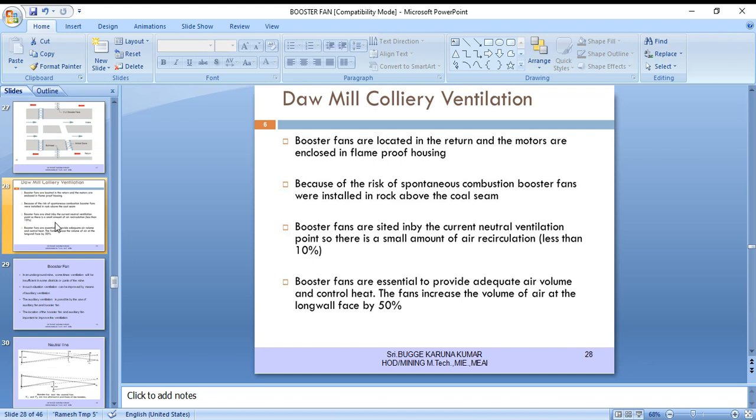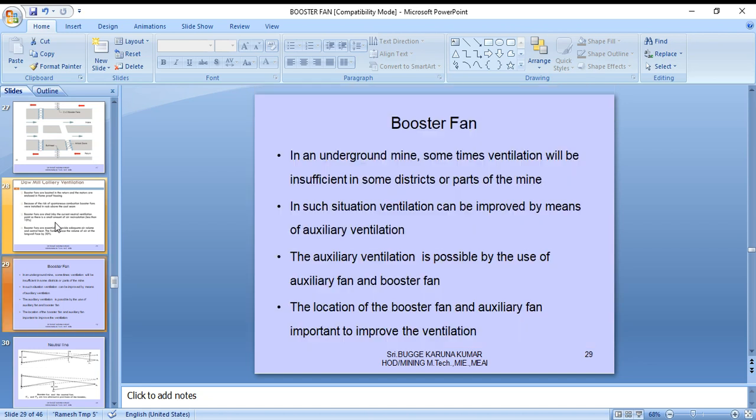Booster fans are sited at the current neutral ventilation points so there is only a small amount of air recirculation, less than 10%. Booster fans are essential to provide adequate air volume and control heat. The fans increase the volume of air at the longwall face by 50%. This is one of the major things.